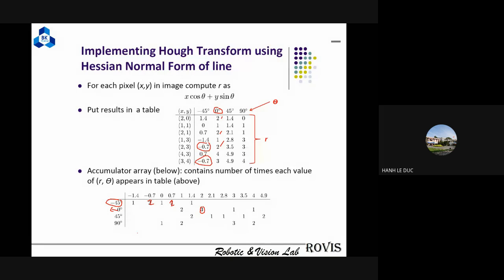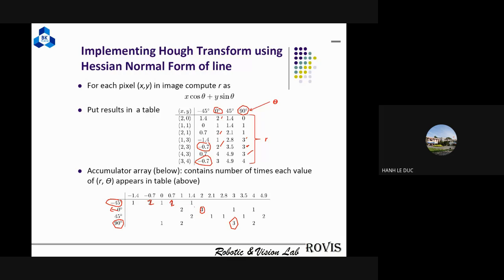This one, also at theta 90 degree, appears 3 times: 1, 2, and 3. So this is the biggest number.